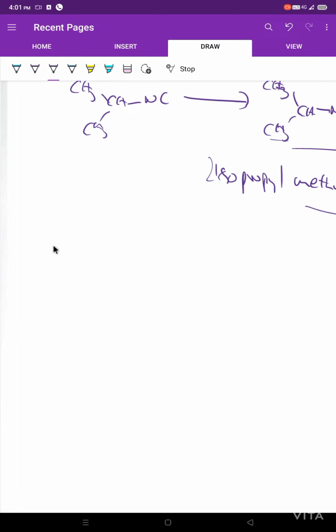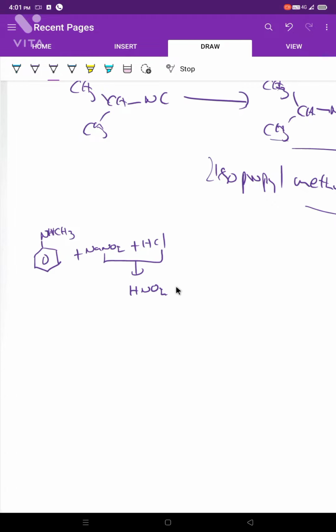Write the secondary amine, CH3 NH CH3, plus NaNO2 and HCl. These two on reaction generate HNO2. What is the structure of HNO2?